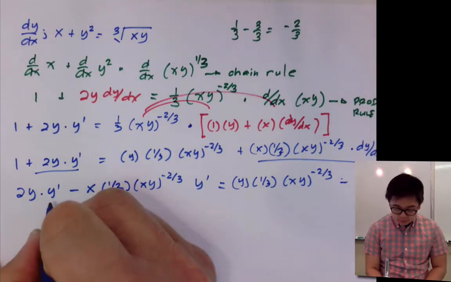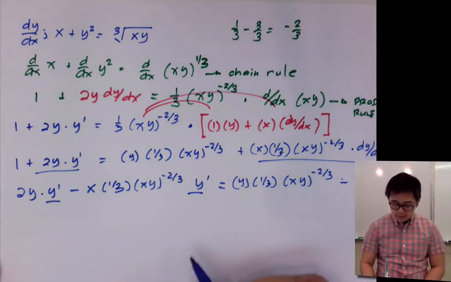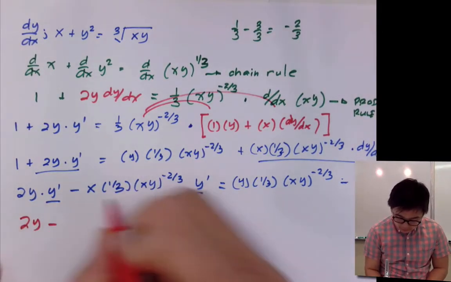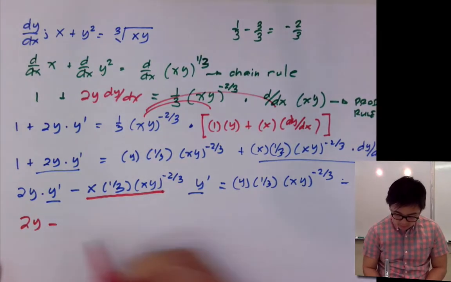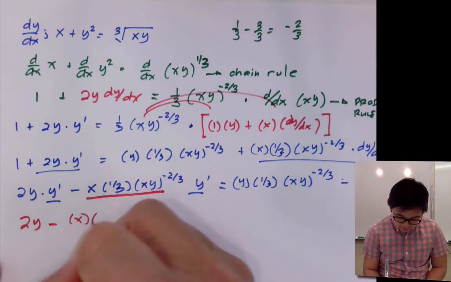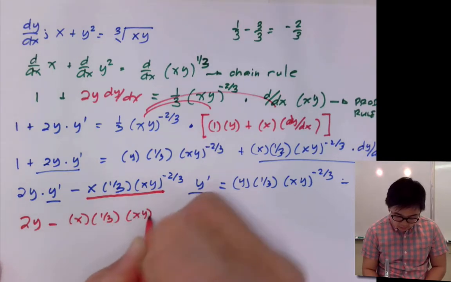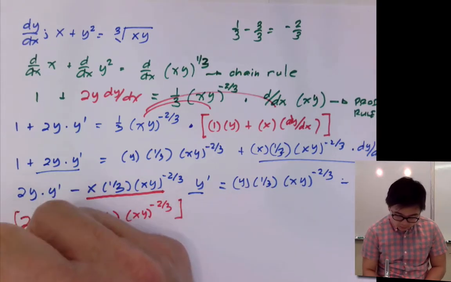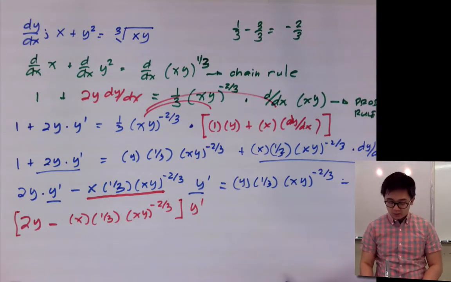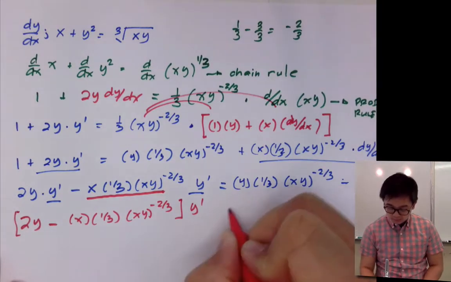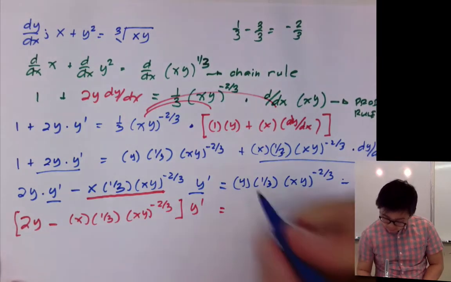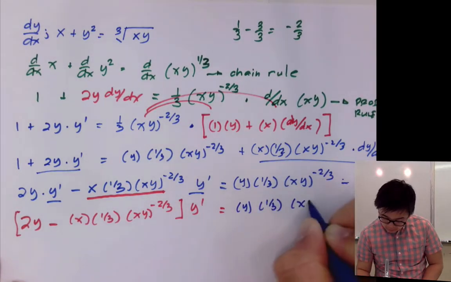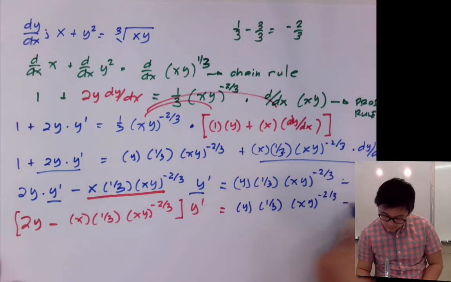Now all I need to do is to factor out my y prime, so I will end up with 2y minus this whole term right here, which is x times 1/3 (xy) to the negative 2/3, and this one will have y prime as their common factor, equal to this one, which is y times 1/3 (xy) to the negative 2/3 minus 1.